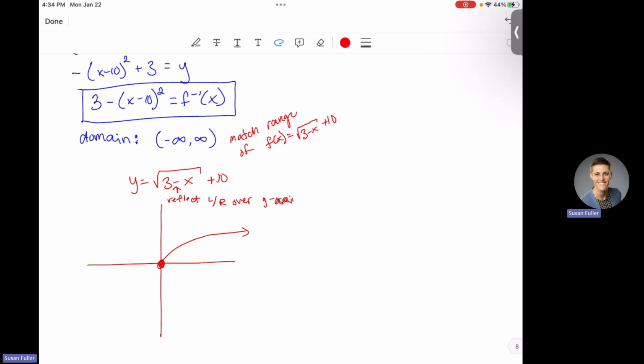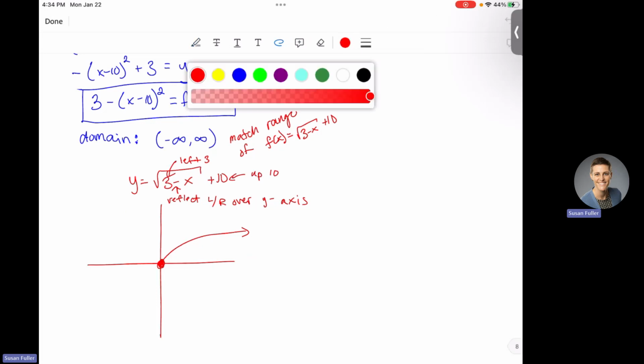To the y-axis, there we go. This 3 here, this is plus 3. This is actually going to move us to the left 3 units. And this plus 10 here is going to move us up 10 units.